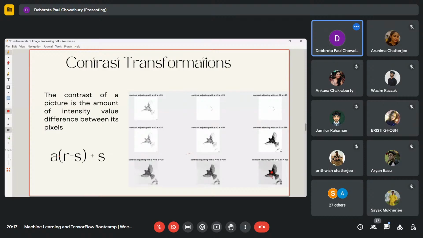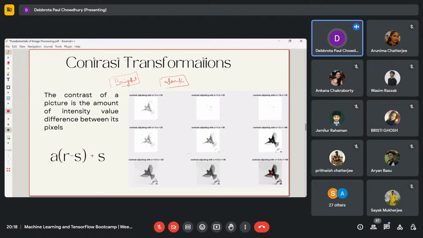Then contrast is actually increasing. So let me tell you again what I'm saying. We have an image that is a combination of dark pixels and bright pixels, right? One image will have some pixels that are bright and some pixels that are dark.